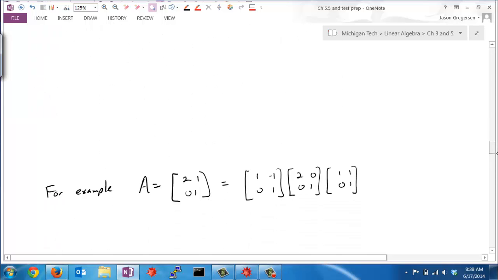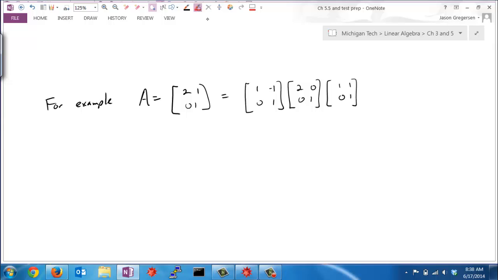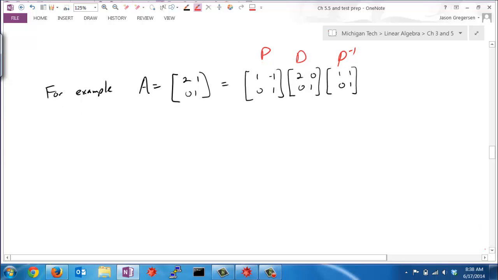So first, let's take an example of what a regular matrix diagonalization tells us. All right, so here's a matrix A. I have pre-diagonalized it. We found our P, our D, and our P inverse. We talked about this a little bit before of what each of these things is doing.